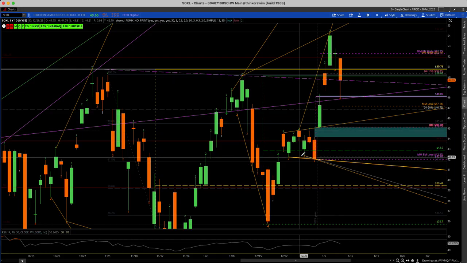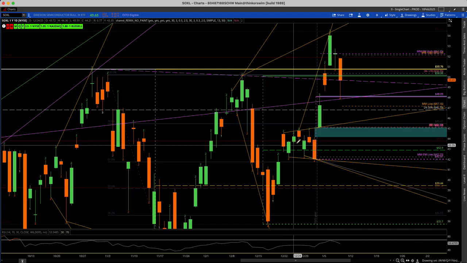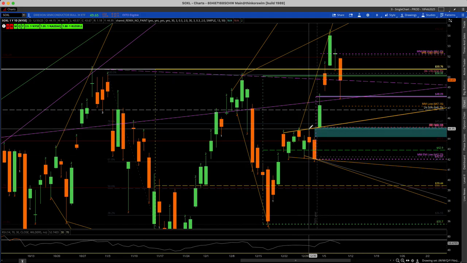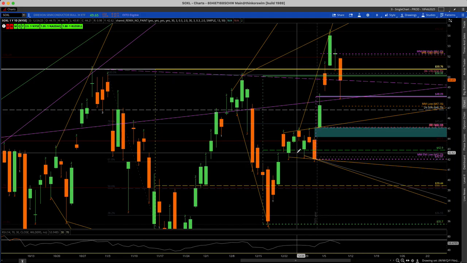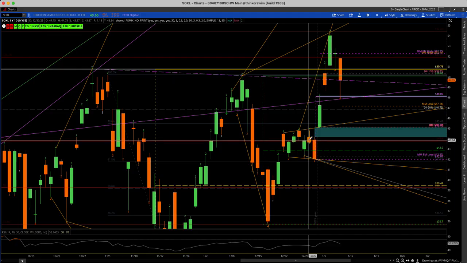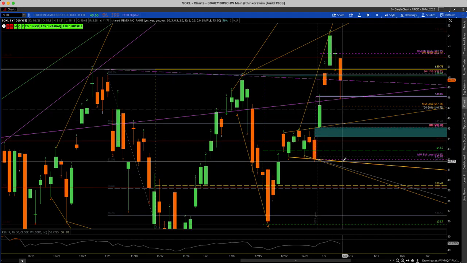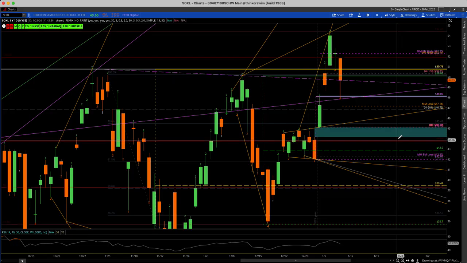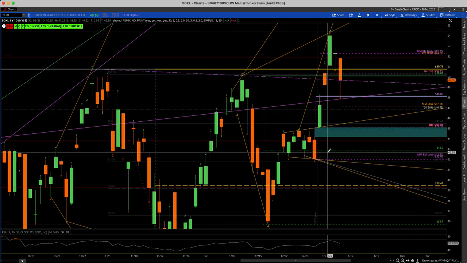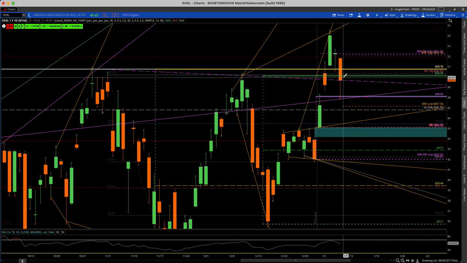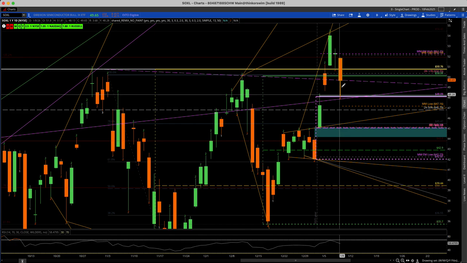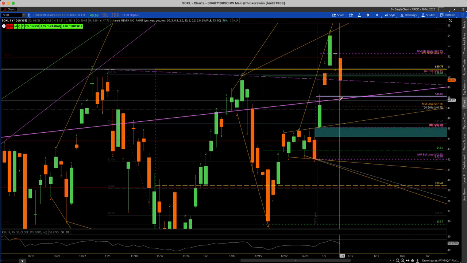That pulls you back into this smaller broadening formation that was formed that second week of the holiday, the last week of December, right? This broadening formation that was formed here, then you fall back into that, right? So then you risk just going sideways in the middle of this range again. So you don't want to see that. But again, if we go to the downside, that's a 2 down, 2 down continuation.